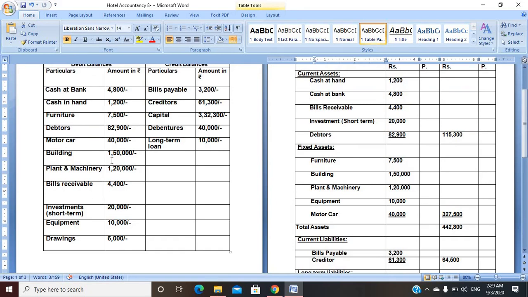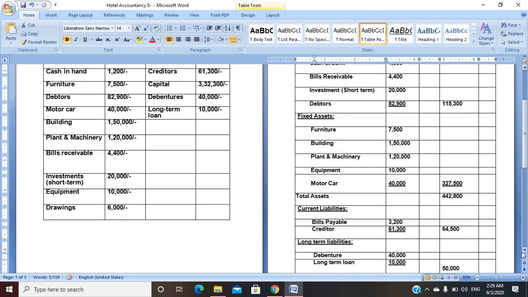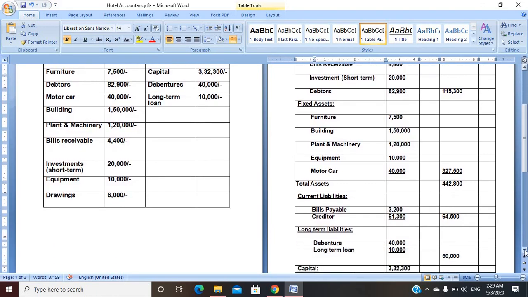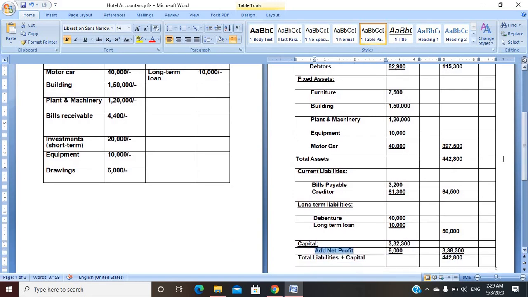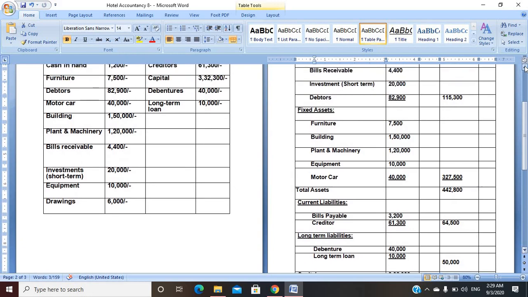So here we have the net profit amount, 6,000 rupees. I just added that net profit amount.